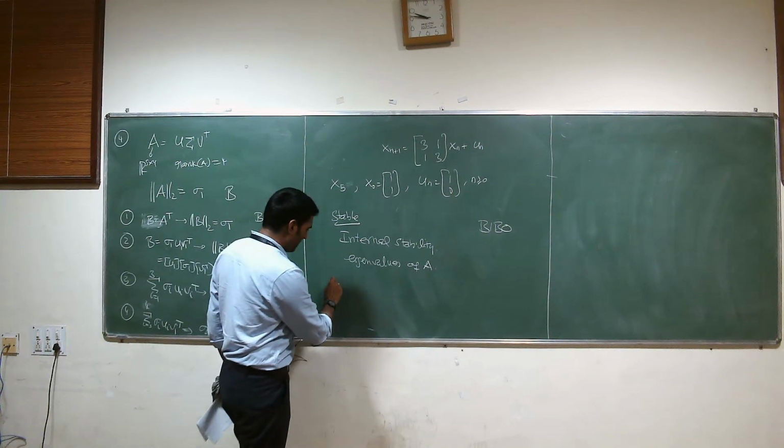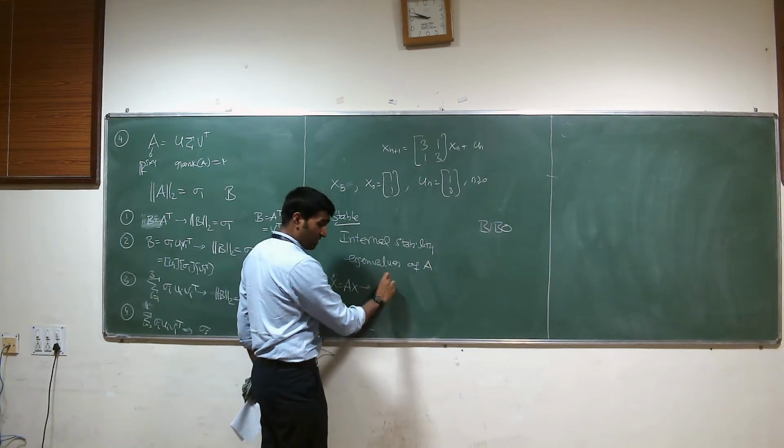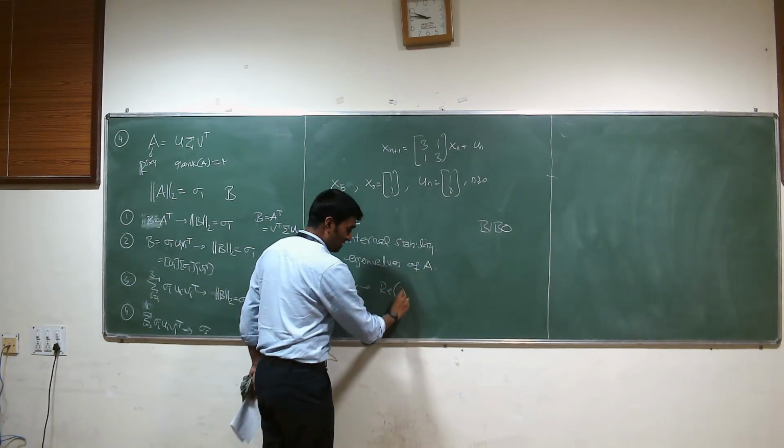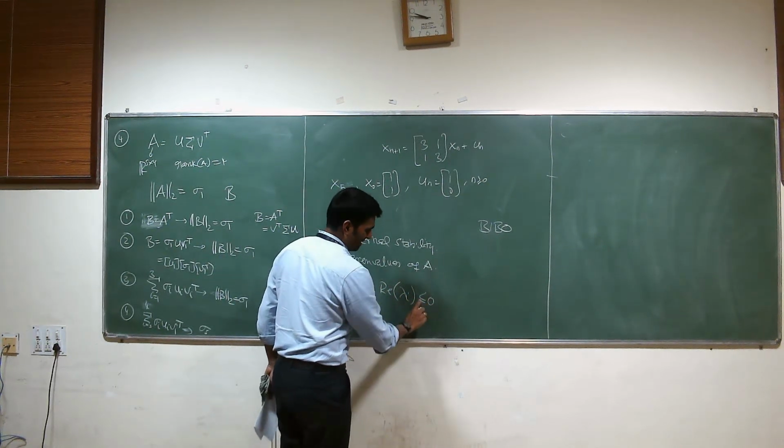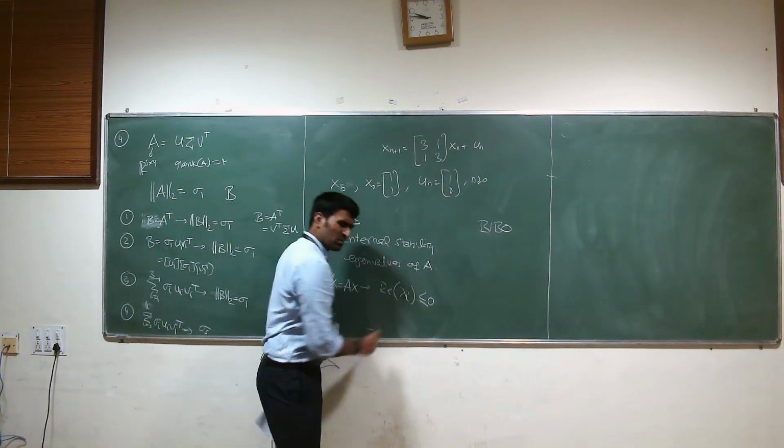So if you have a continuous time system, then if the real part of your eigenvalues is less than zero, then for sure it's stable. If it's equal to zero, it might still be stable.